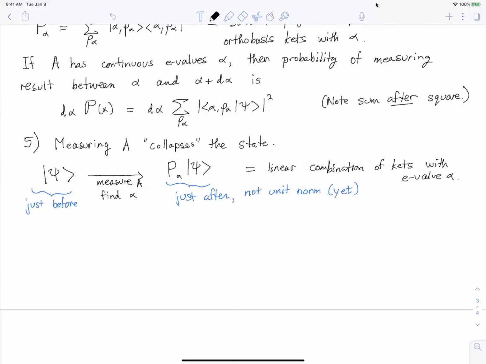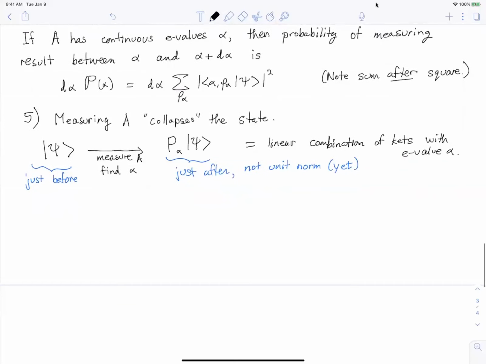You may have to multiply by 1 over the square root of its norm to get unit norm, but in any case, that's the result. And then finally, the last postulate is postulate 6, which tells you the time dependence of a state. So now I'm going to label it by time, t. And this is in the absence of a measurement.